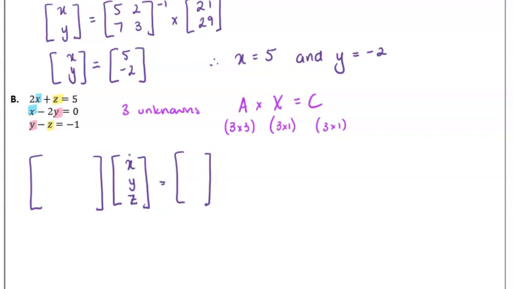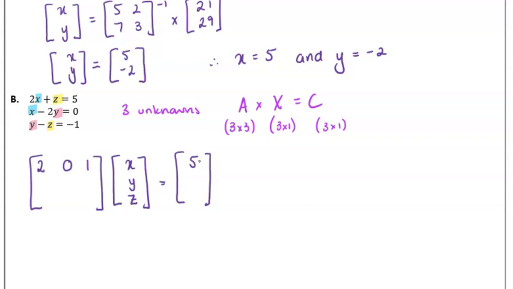So in that first equation, I have a 2X. I have no Y, so I don't leave a gap, but I put a 0. And I've got 1Z. Remember, no pronumeral means it's 1. That first equation is equal to 5. So in the first row of that answer column matrix, I put a 5.